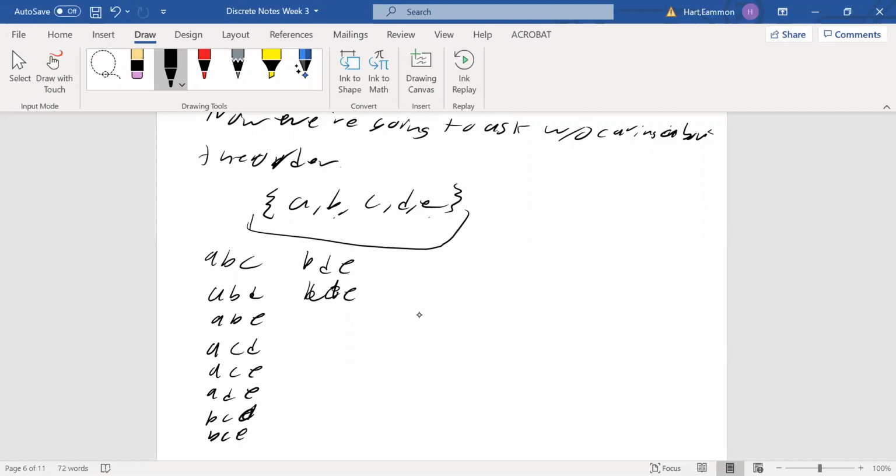So I'm just going across in order, and once I run out of new objects for my second element, I move on to the next second element. Cool. So if I correctly listed all of these, then we should have 1, 2, 3, 4, 5, 6, 7, 8, 9, 10. Hopefully 10 options.